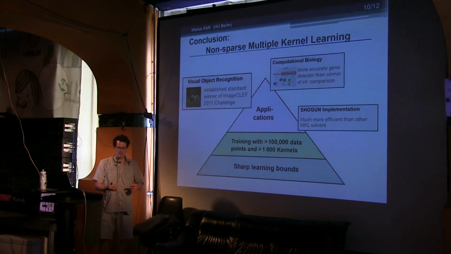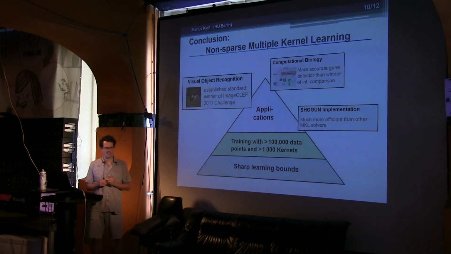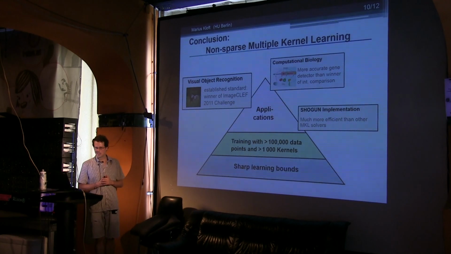Or another thing is, you would use additional flexibility where in some parts of the input space you allow the algorithm to pick different weights than in another part of the space. This is also very interesting. So have a look at my upcoming publications.